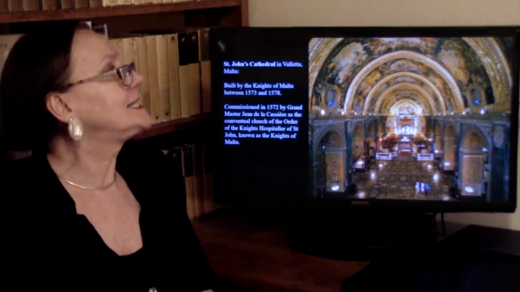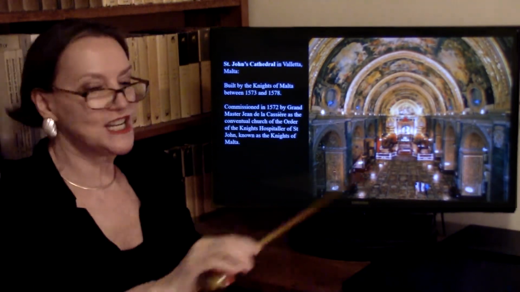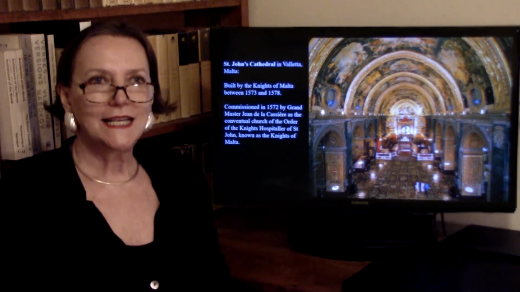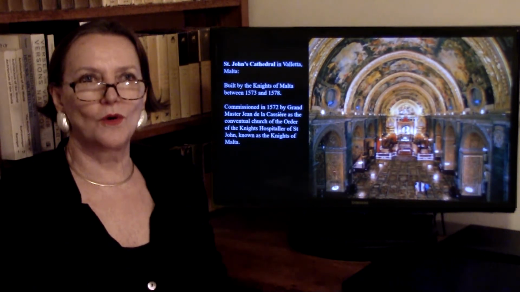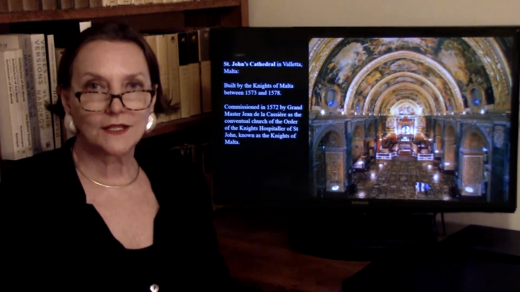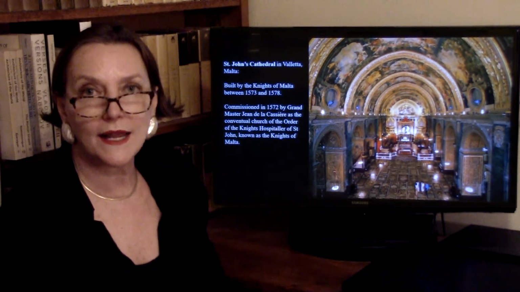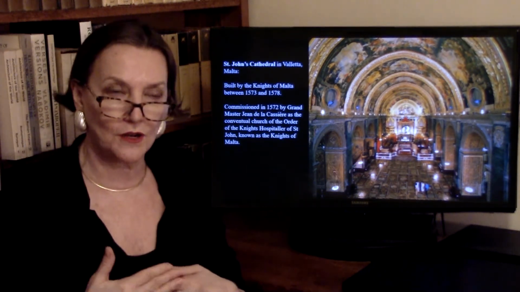The entire ceiling is painted, and it's painted directly on. It's not fresco. It's actually painted directly on the masonry, and it has survived quite well. The floor, it's all intarsia marble.